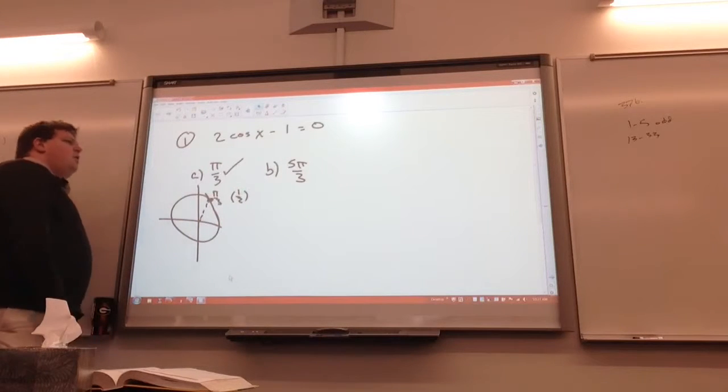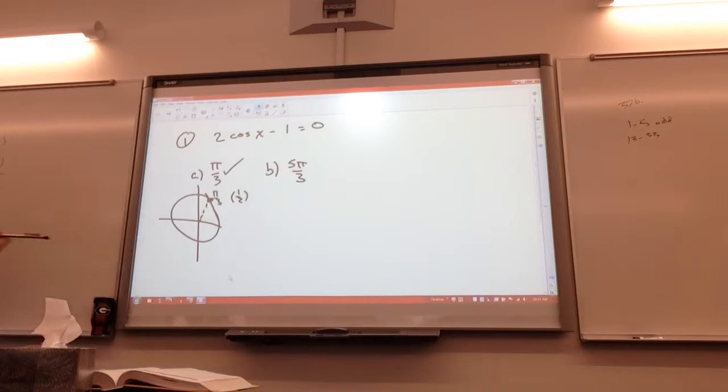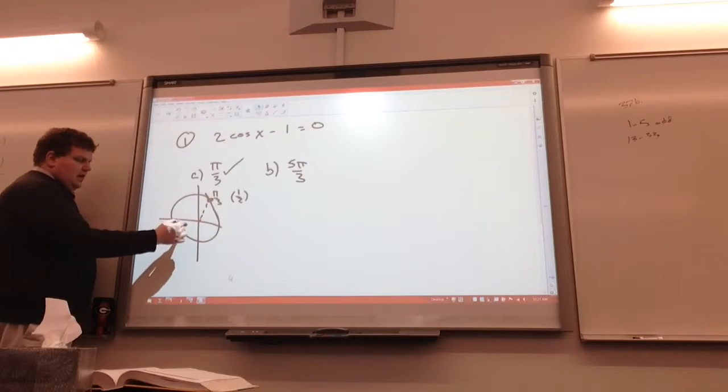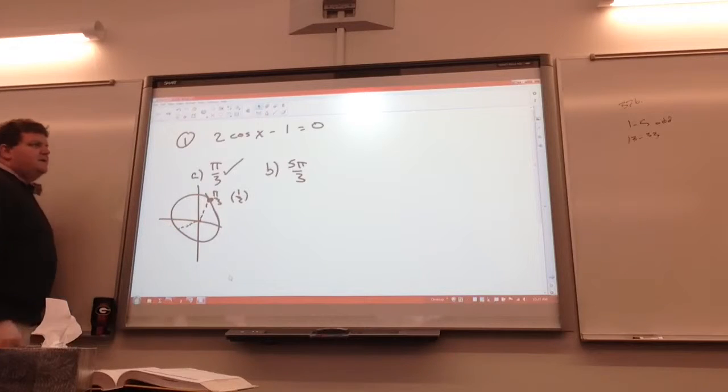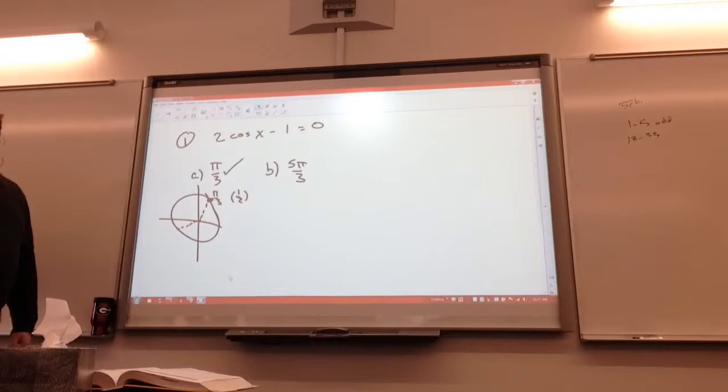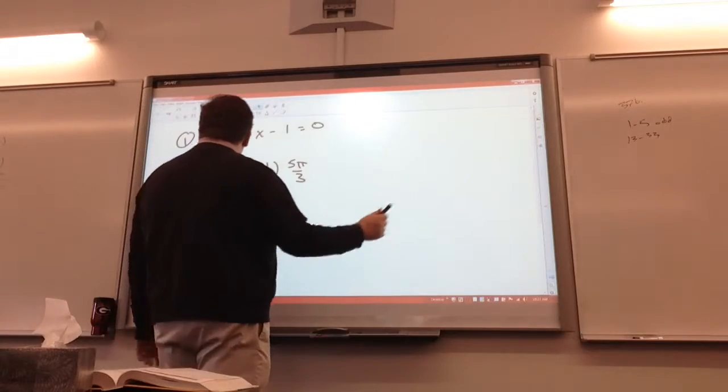Now, where's 5 pi over 3 on the circle? It's down here. What's the x-coordinate down there? Negative 1/2, or negative root 3 over 2?